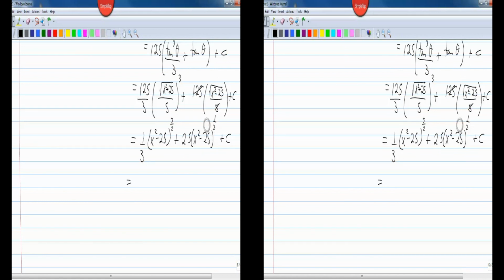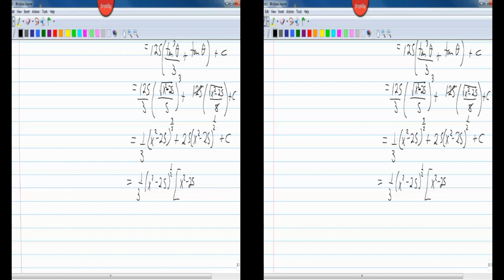So if we factored this out, then what would we be left with? And I'm going to factor out, what else could I factor out? Maybe a 1/3. But doing that, that means I'm getting a little tricky. So if that confuses you, then just kind of do it one step at a time. But what you can do is you can factor out a 1/3 and an x squared minus 25 to the 1/2. If you do that, you're going to leave x squared minus 25 to the first.